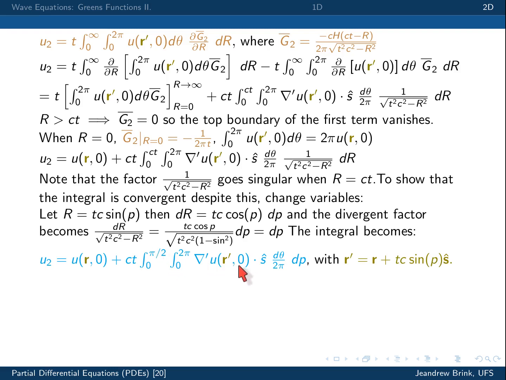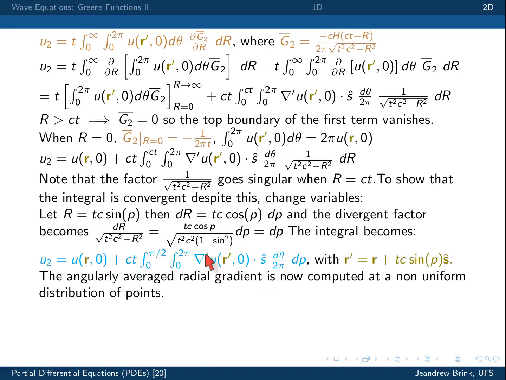So basically this thing over here is, in some sense, the averaged radial gradient multiplied by R. So this whole thing is an approximation of the initial condition on the boundary.